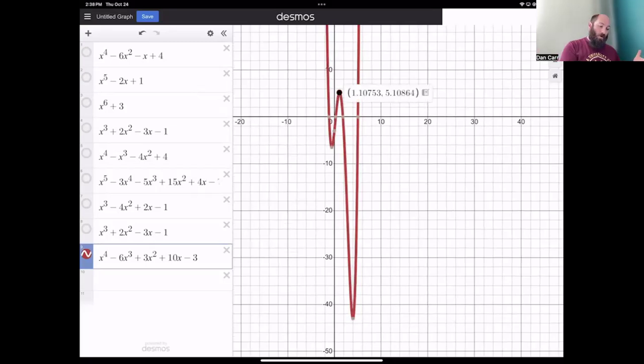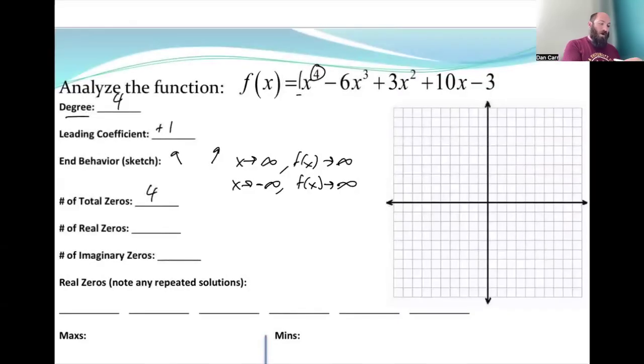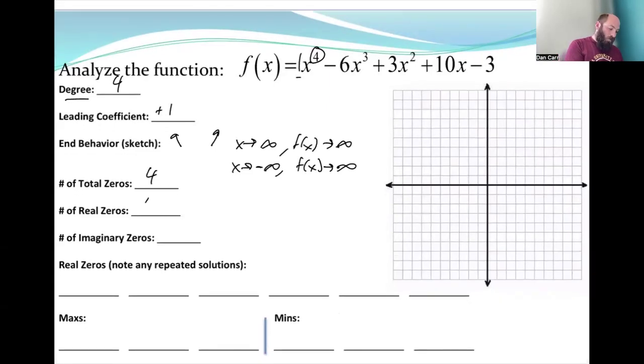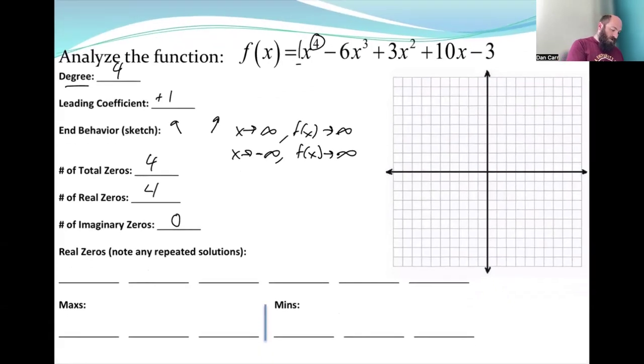Okay, so I'm going to go ahead and plot those. I'm going to write those all down for myself and then also plot them very roughly. So we had 4 real zeros and 0 imaginary ones. The 4 real zeros were negative 1.14 comma 0, 0.28 comma 0, 1.82 comma 0, and 5.03 comma 0.